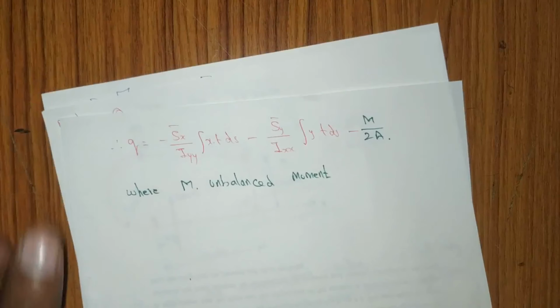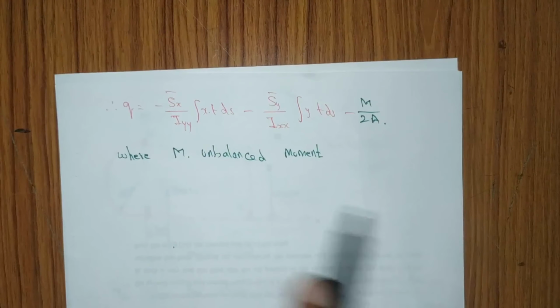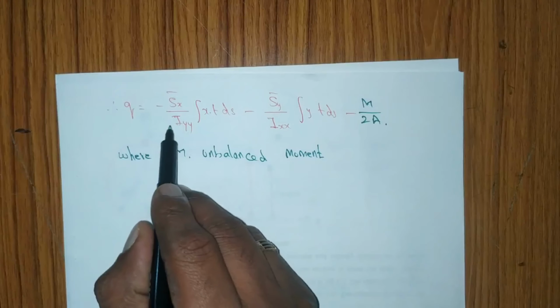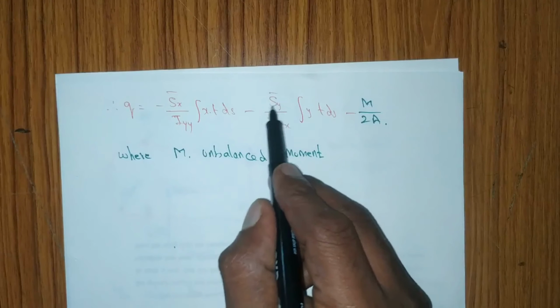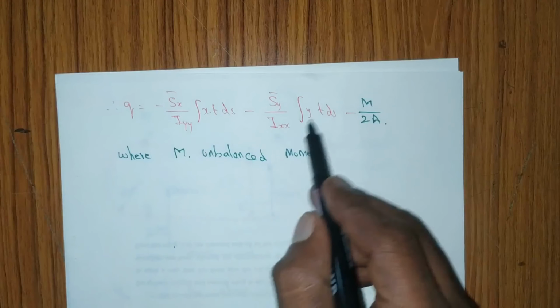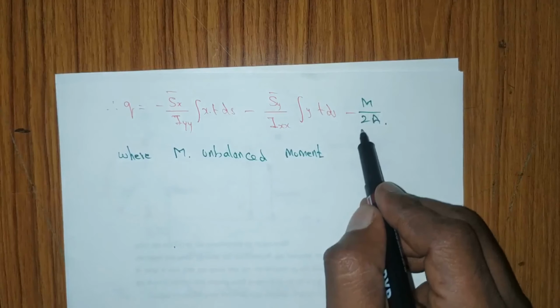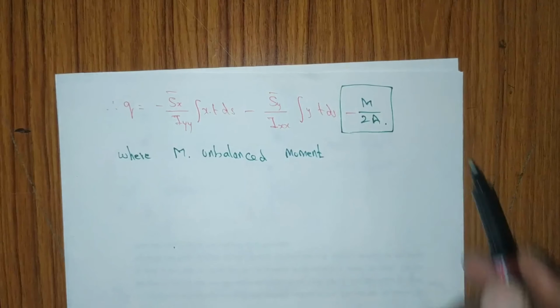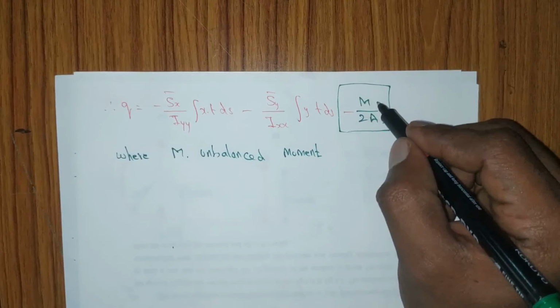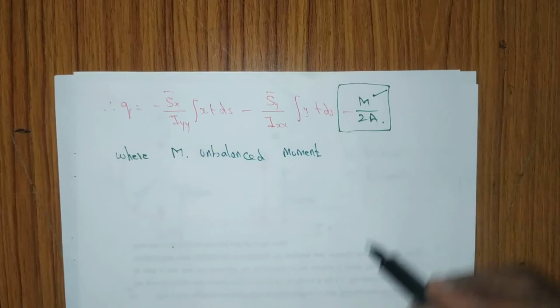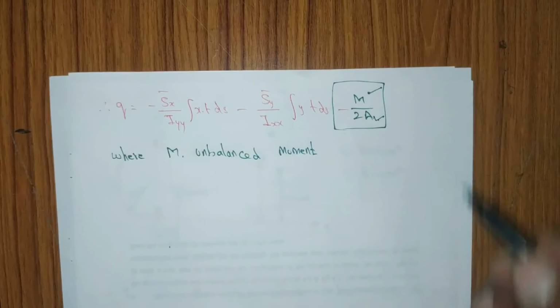The final equation of the shear flow for the closed section will be Q equals minus Sx bar by Iyy integral of x t ds minus Sy bar by Ixx integral of y t ds, and this is the major term you need to add for the closed tube, that is minus m by 2a. You need to find the moment for the closed section and the area of the entire closed section.